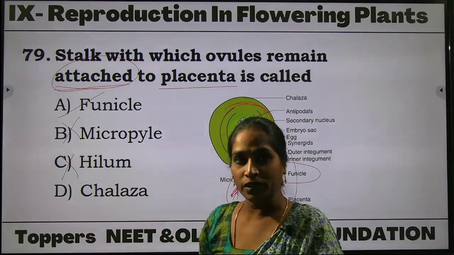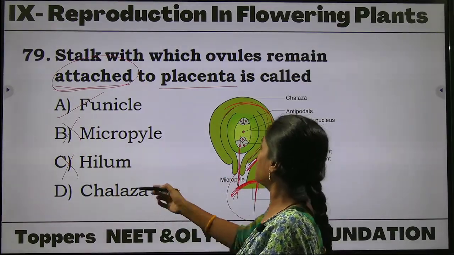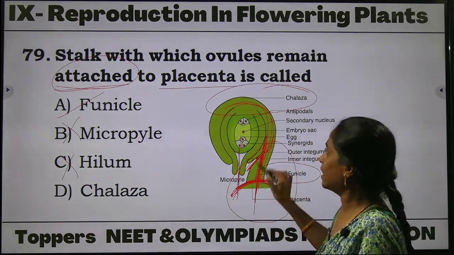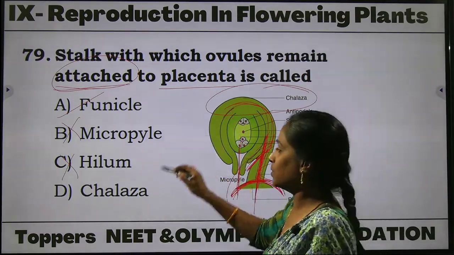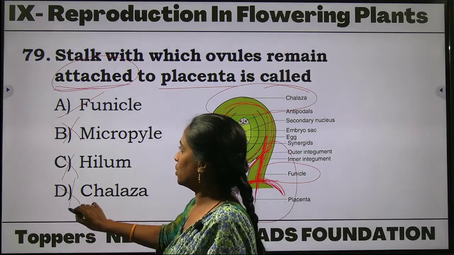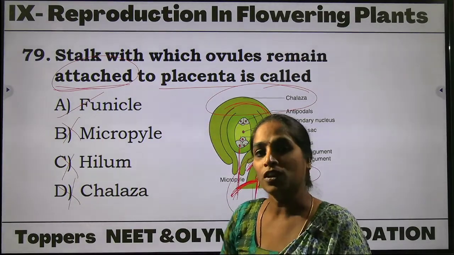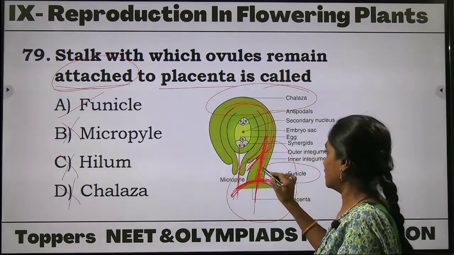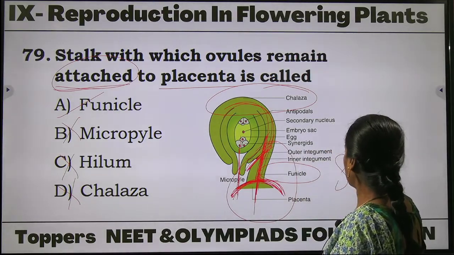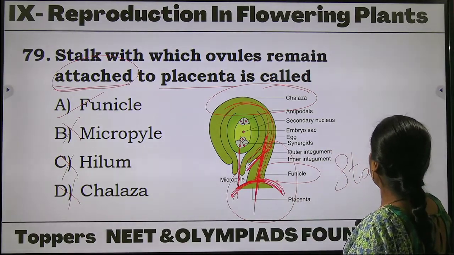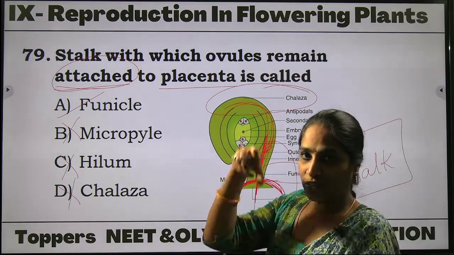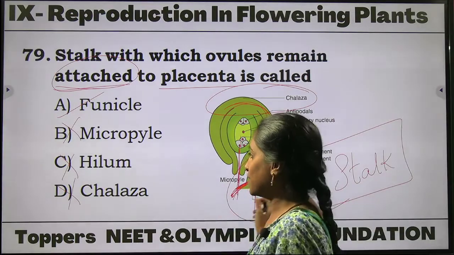Micropyle also will be the wrong option, and chalaza. This is the chalazal end. Where is the placenta and where is the chalaza? Completely wrong option. Okay, so which one will be the correct option? Funicle is attached towards the placenta and this is a stalk-like structure.